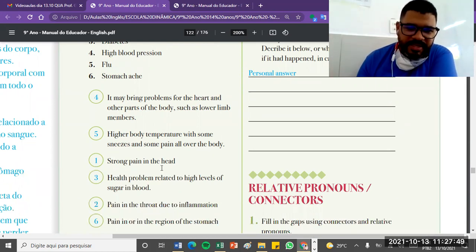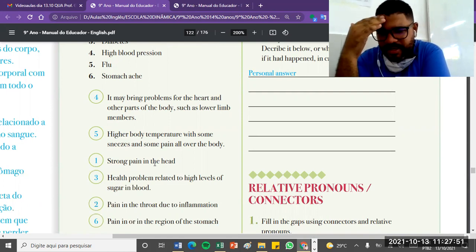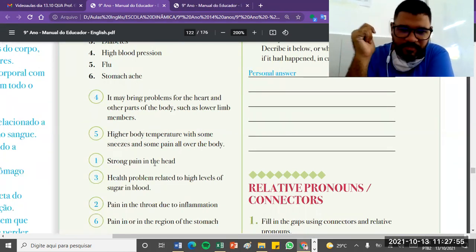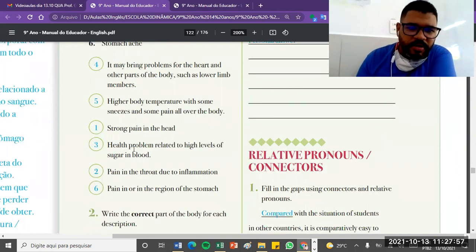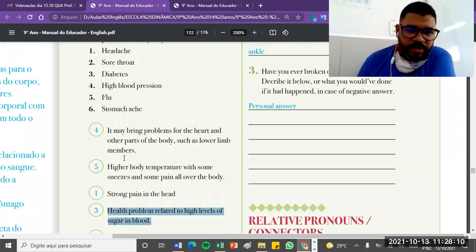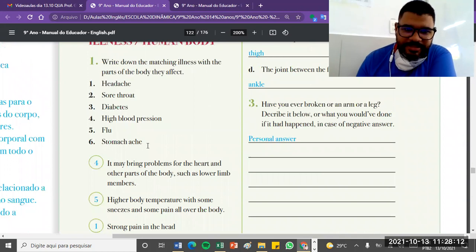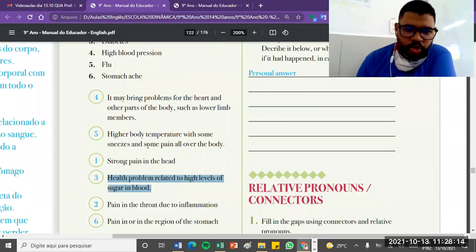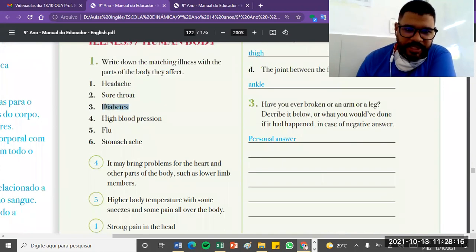A strong pain in the head, or in other words, when our head is painful, right? On 3, we have a health problem related to high levels of sugar in the body, or when we ingest a lot of sugar in our diet, all right? So we have diabetes.